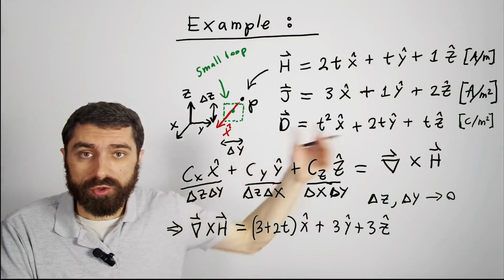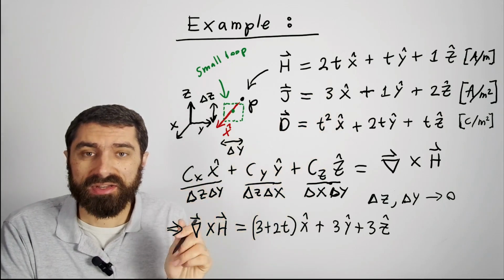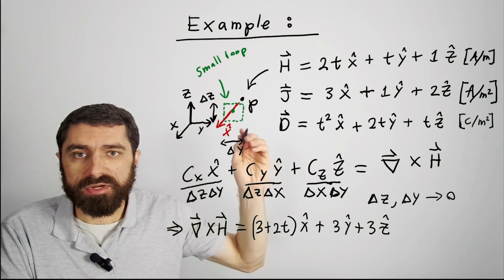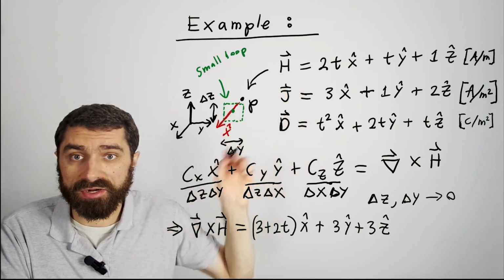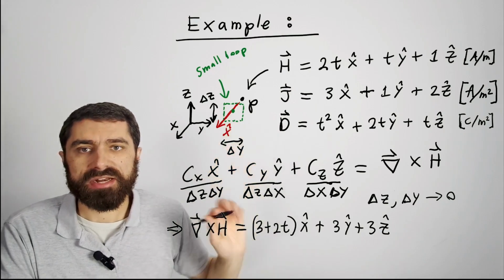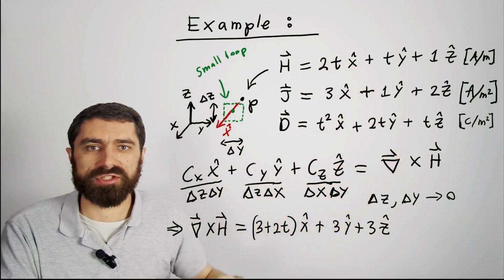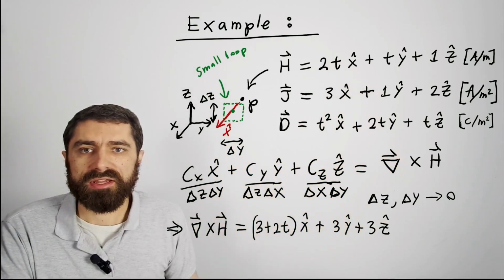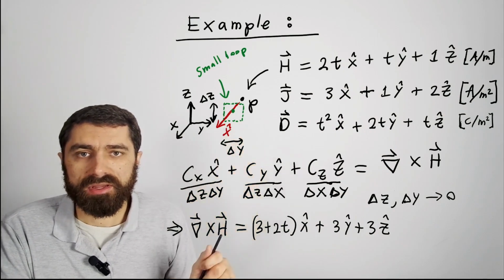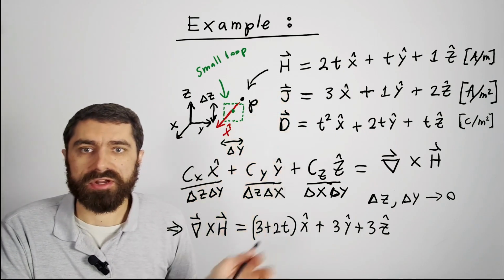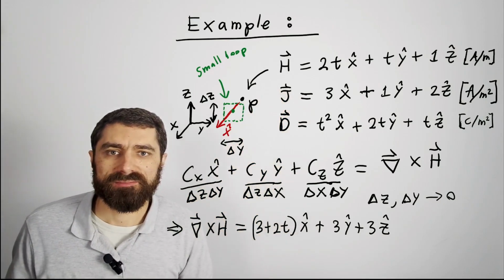If you wanted to calculate this circulation value, the Cx value, you would need to know how the field varies as a function of distance. But I didn't actually give that information to you here. This is just an example to show you how it works. In reality, if you wanted to calculate the circulation, you need to know how these quantities vary as a function of x, y, and z. But I just wanted to clarify that.